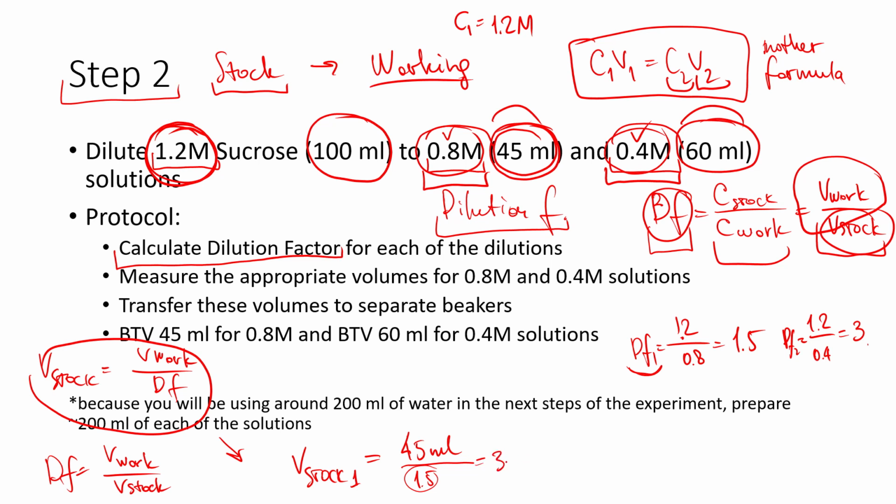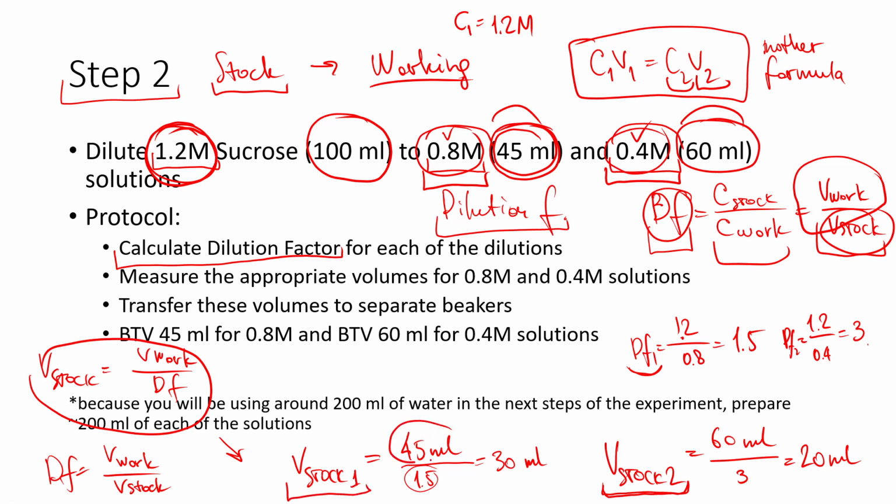So here we have 30 milliliters, and for V stock 2 we have 60 milliliters divided by 3, which is 20 milliliters. And as you can understand, this is the volume of the stock solution that you need to take and then bring volume to 45 and 60.